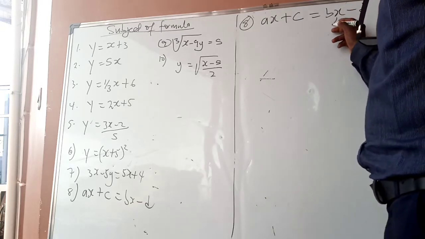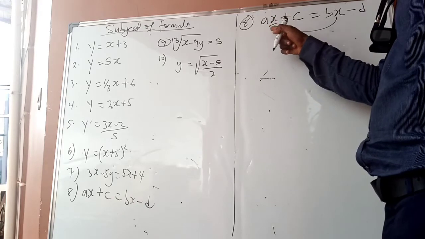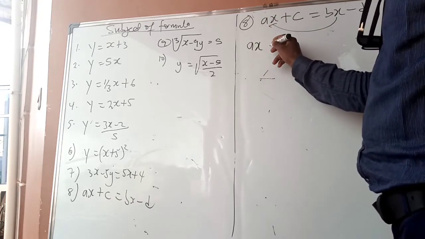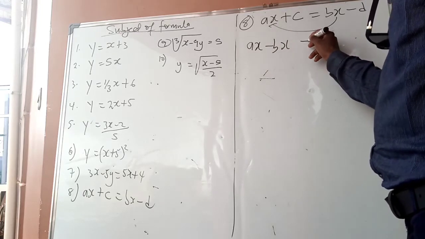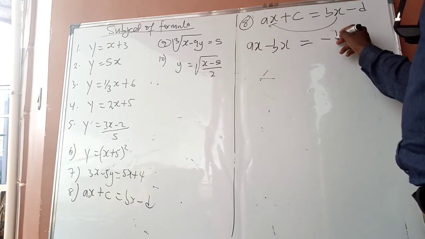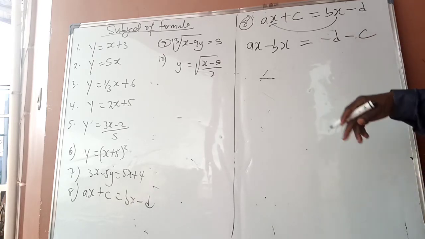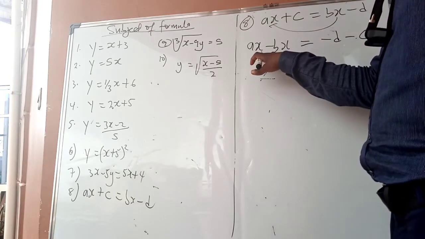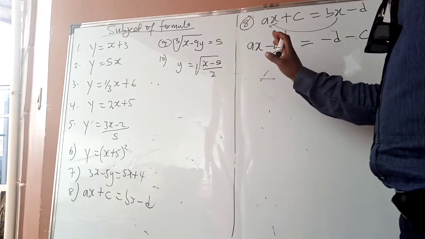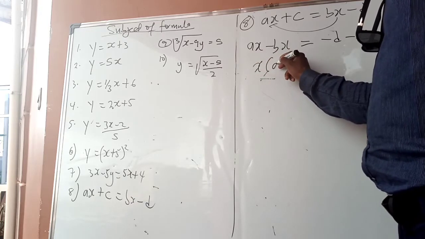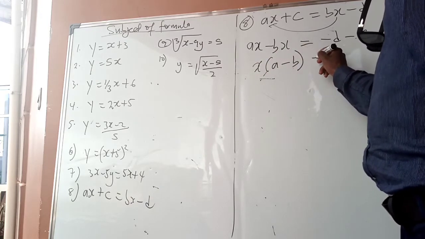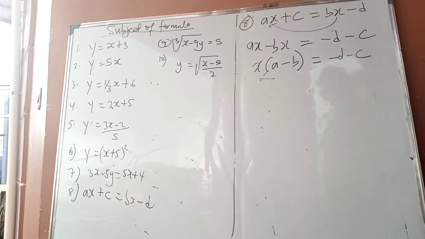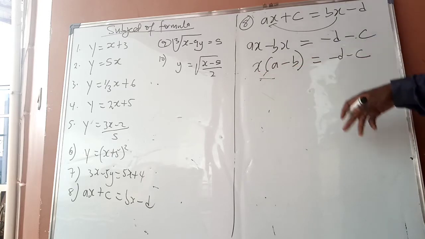So this bx will come here to meet this ax because both of them contain x. So I have ax minus bx is equivalent to minus d minus c. The plus c will come here and changes to minus c. Now you'll find out that x is so common here, right? You factor it out. You have a minus b equals minus d minus c, because a minus b will be left when I factor out x here.